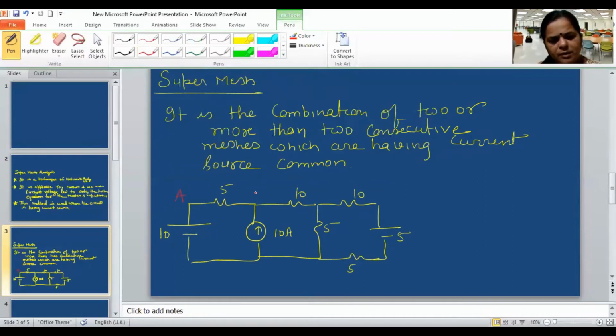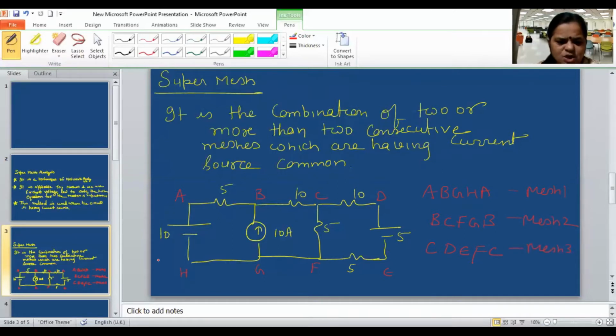Let's give the names A, B, C, D, E, F, G, H. If you see this circuit carefully, there are three meshes in the circuit: A, B, G, H, A, then B, C, F, G, B, and the third one is C, D, E, F, C. This is mesh 1, this is mesh 2, and this is mesh 3.